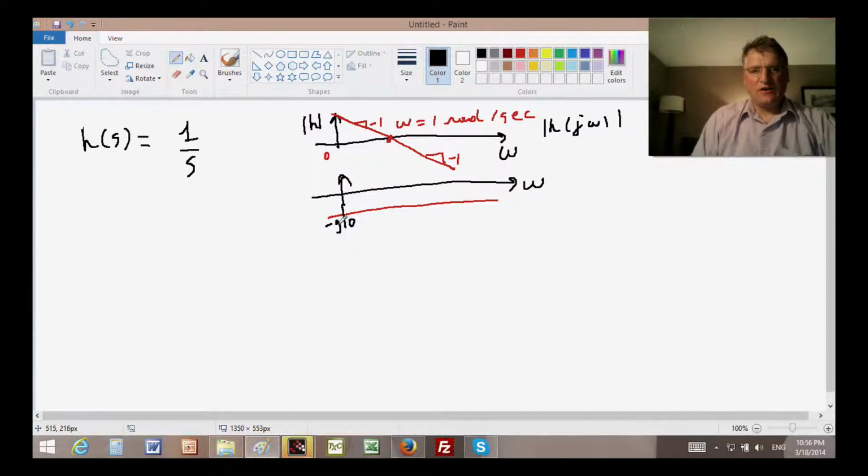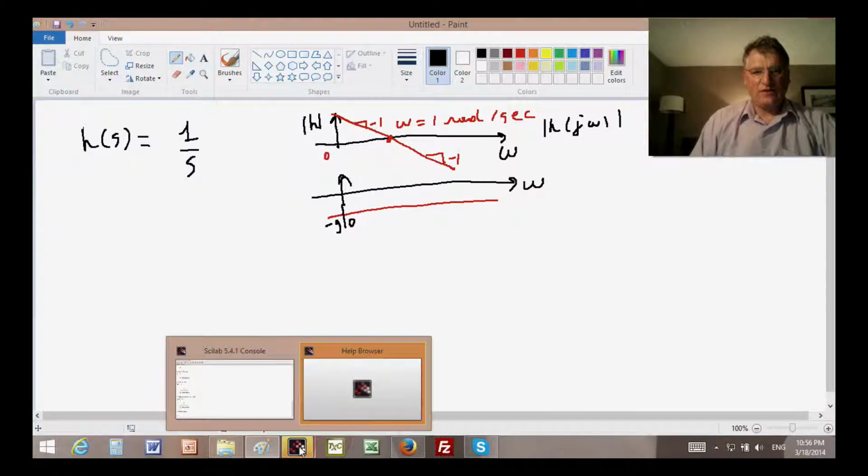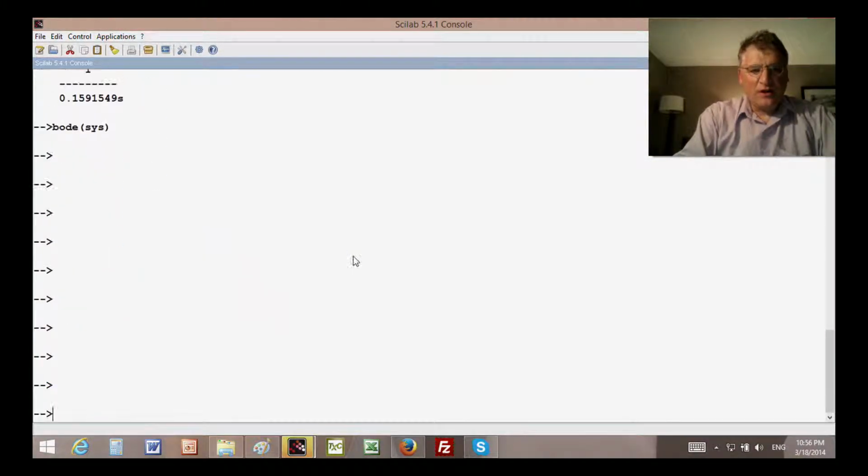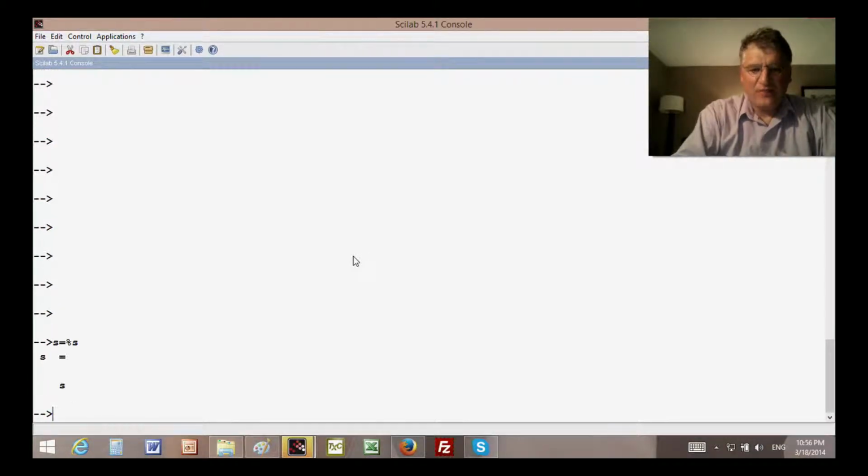And so let's see how this plot works in the machine world. So you probably remember that we define our transfer function as h equal to 1 divided by s.